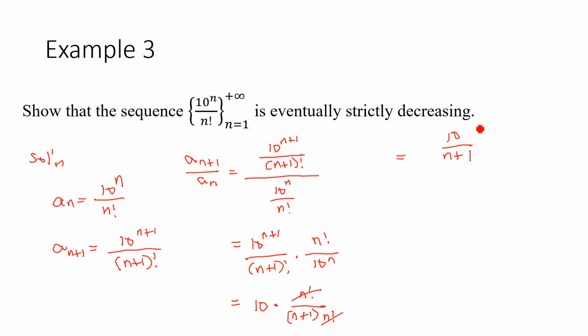If n is greater than or equal to 10, the sequence would be eventually strictly decreasing, as shown by the value of the ratio between the succeeding terms.